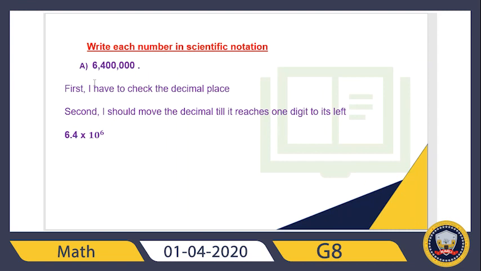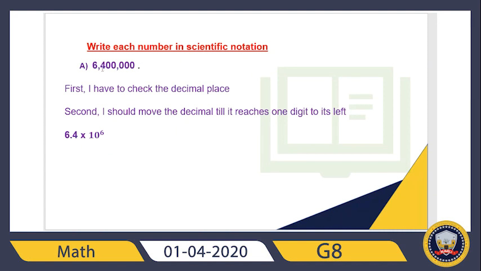Here, the question says write each number in scientific notation. 6,400,000. How can I write this number in its scientific notation? As we agreed before, yesterday and the day before, if I have such a big number, a large number, I imagine that the decimal point is outside this number.